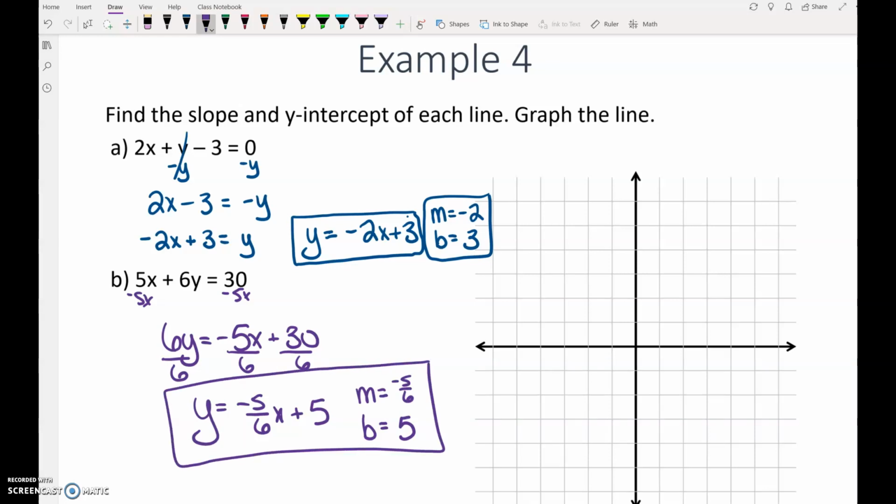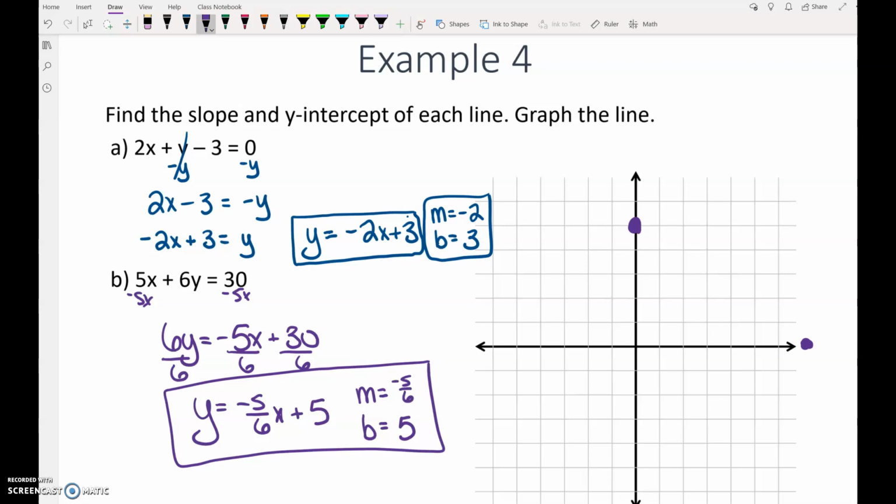Word of warning when you're graphing a negative slope. I'm actually going to graph this one. 1, 2, 3, 4, 5. Start at 5. By going down 5, you've used the negative. You would then need to go right 6.